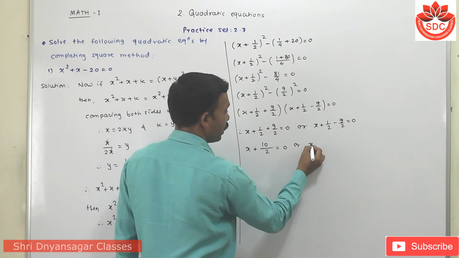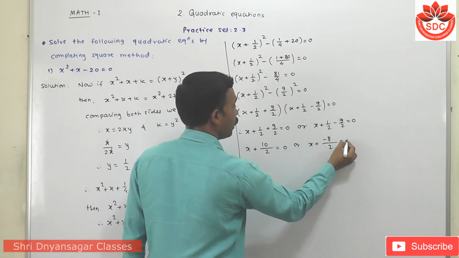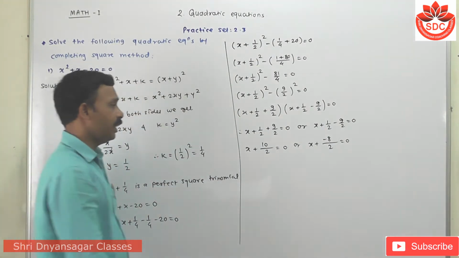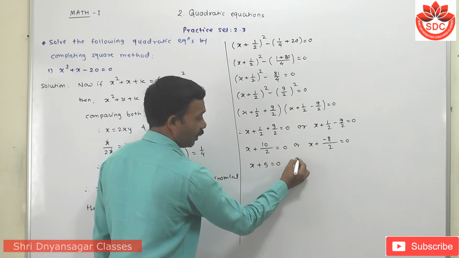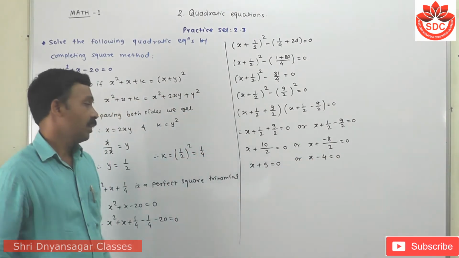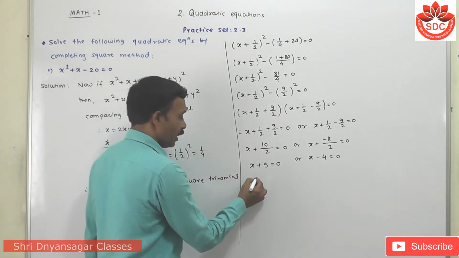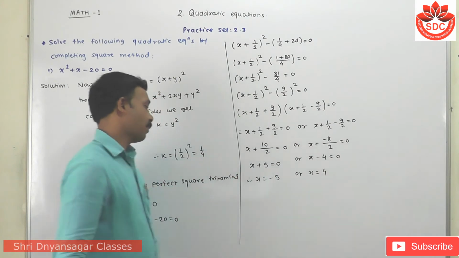Or here is x plus, LCM is 2, we have to subtract, that means minus 8/2. Then x + 5 = 0. We have to simplify here. Here is x - 4 = 0. Then transpose this to the other side. x = -5 or x = +4.